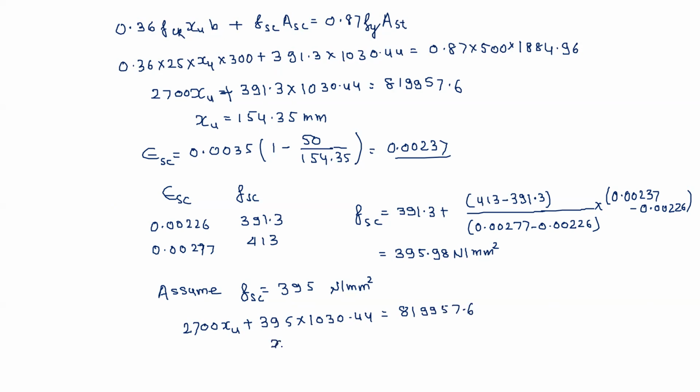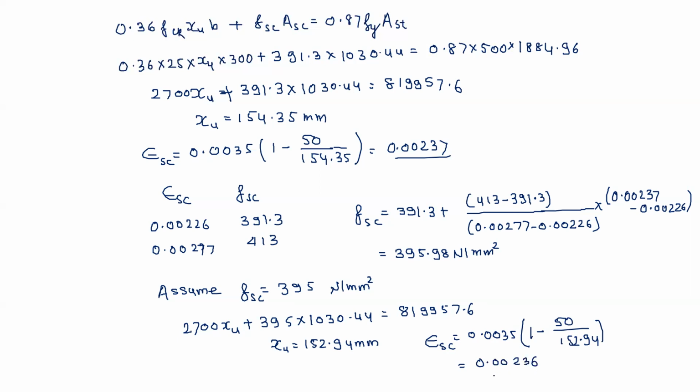This gives us the value of Xu equal to 152.94 millimeters. Now for this Xu, find epsilon SC: 0.0035 into (1 minus 50 upon 152.94), and we get 0.00236.